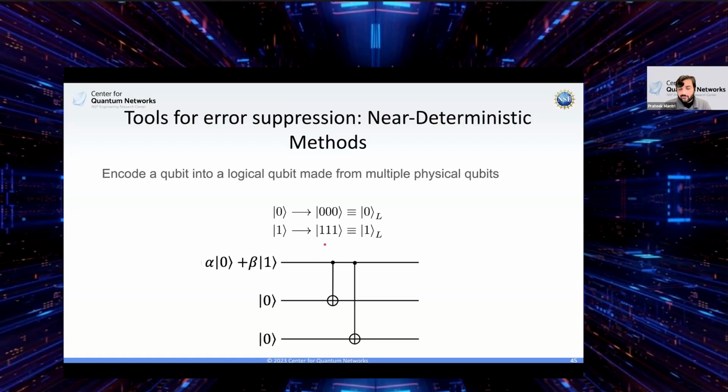For this specific form of encoding, it is just simple. If you have the alpha 0 plus beta 1 state, you apply a CNOT on two other qubits prepared in ket 0, and you would be able to get a state which is alpha 000 plus beta 111.